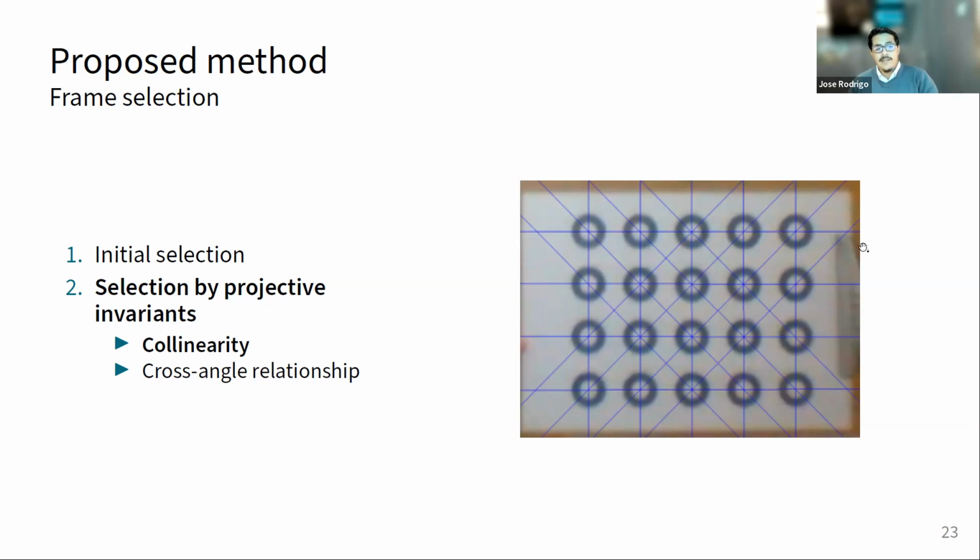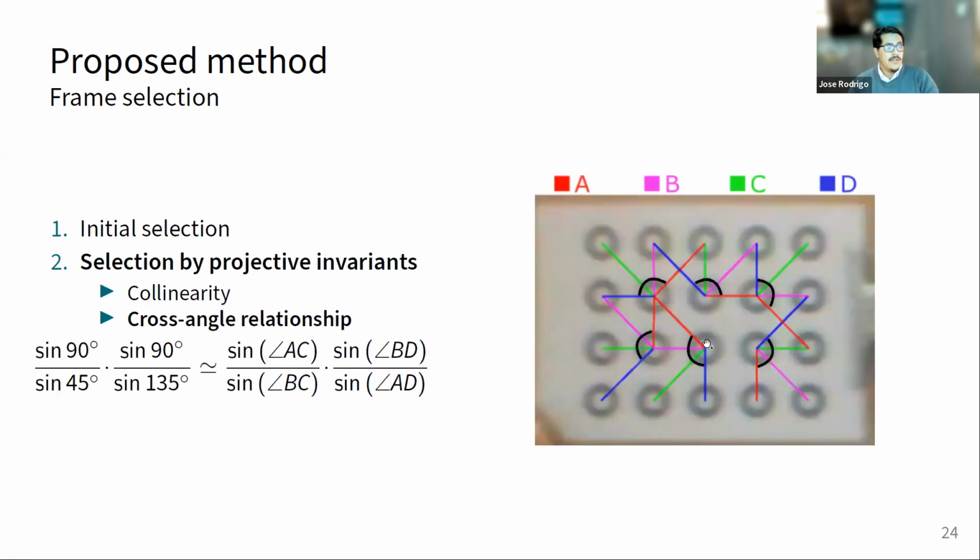We have defined here a threshold of error just because there's always a little bit of distortion. In the same way, we're gonna find a cross-angle relationship that is evaluated with this equation, where the sin of 90 degrees divided by the sin of 45 degrees multiplied by the sin of 90 degrees divided by the sin of 135 degrees. It's similar to this equation that we have seen before.